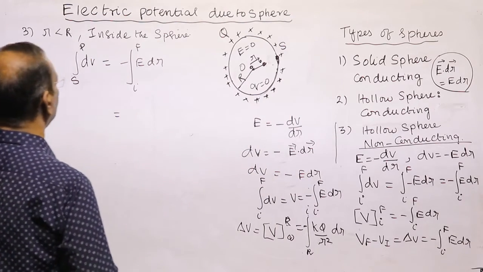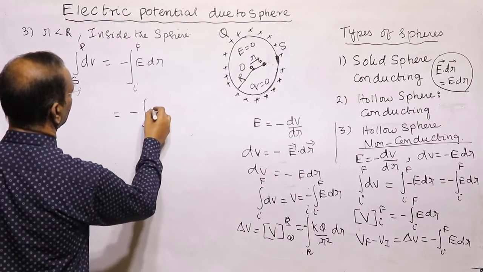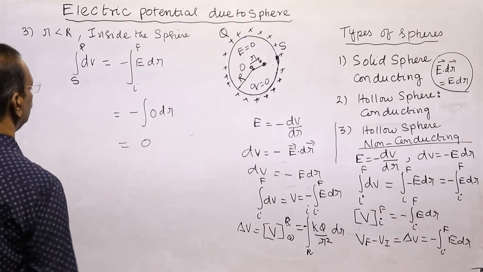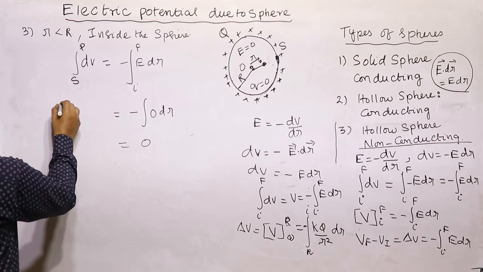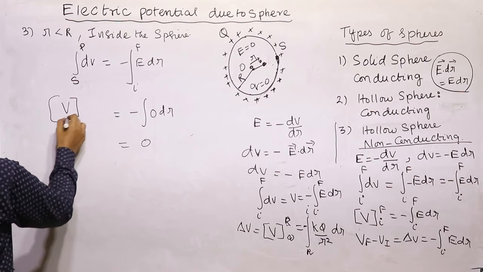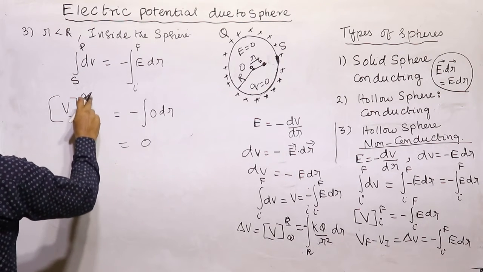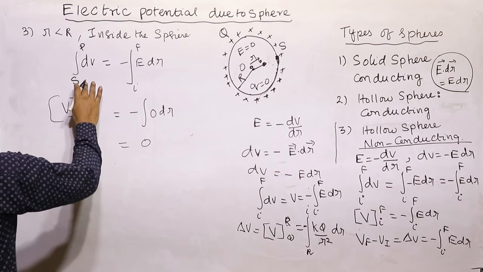It means what we can say: minus integral of 0 into dr is equal to 0. Now we will integrate this side, applying the limits, top limit and bottom limit, initial and final, because we go from initial to final.